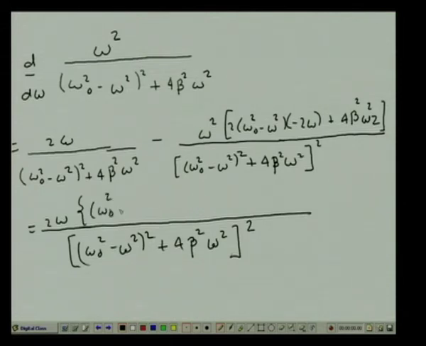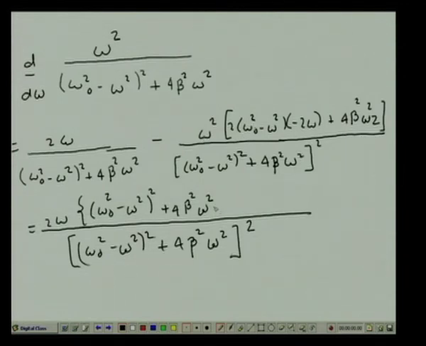So, I will have omega naught square minus omega square whole square plus 4 beta square omega square, and I have to multiply, and this term has to also be added. Now, when I take 2 omega common, the first term over here still has a factor of 2 which remains, there is omega square which remains, and there is omega naught square minus omega square.